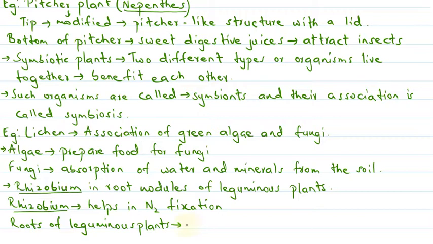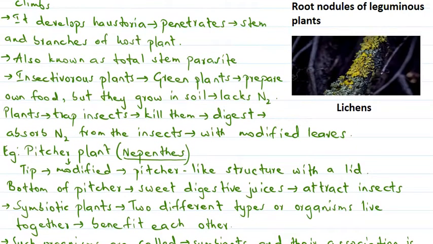So by the process of nitrogen fixation, the nitrogen levels are also enriched in the soil. Okay, so let's just quickly go through or revise the things that we have studied.